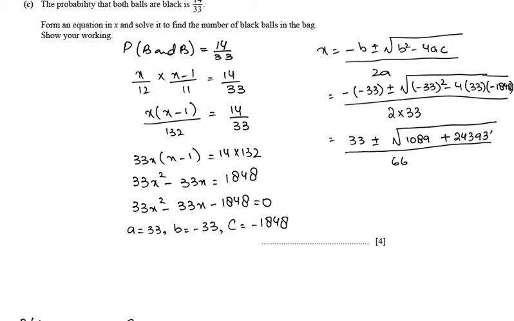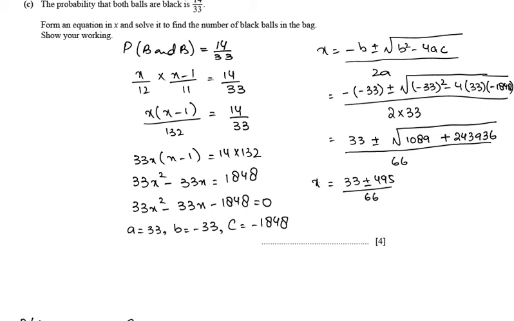Now when we add 1089 to this and take its square root, it's 495. So 33 plus minus 495 upon 66.